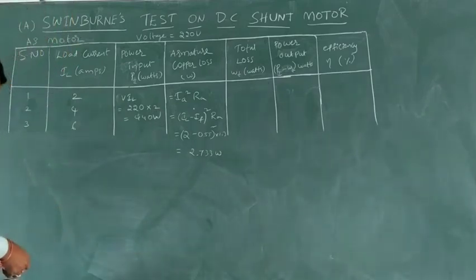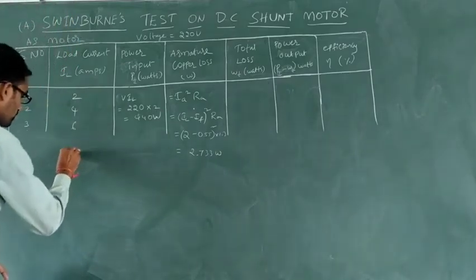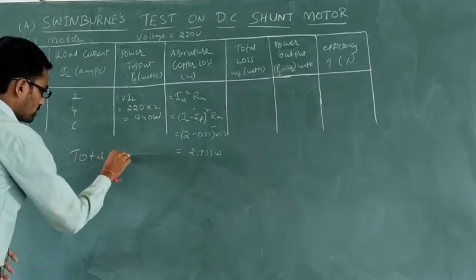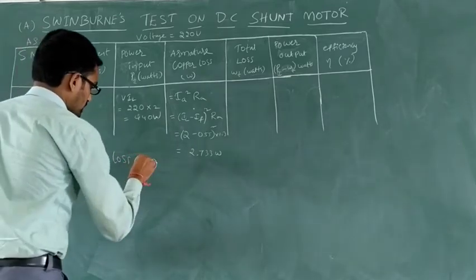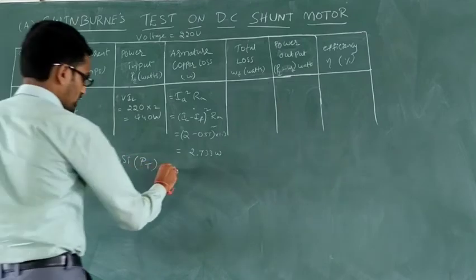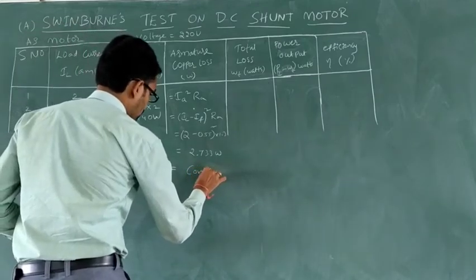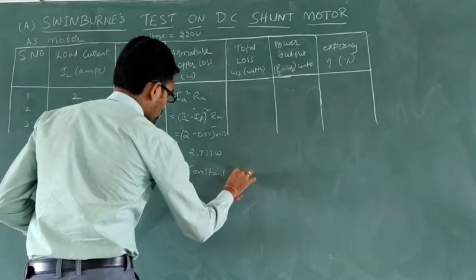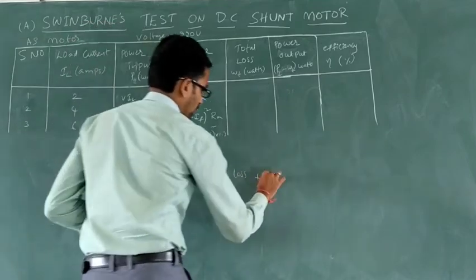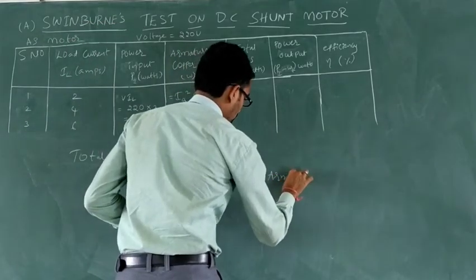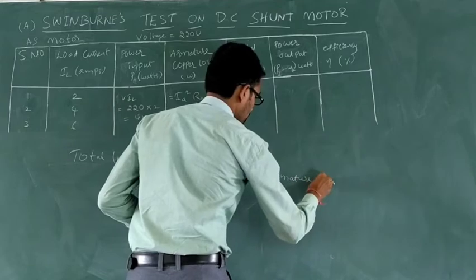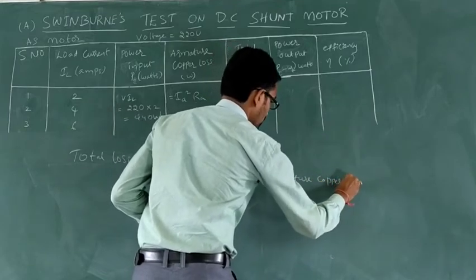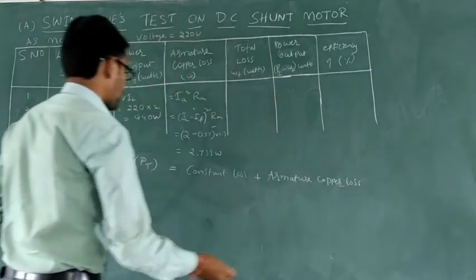So to calculate the total loss, as we know, let us consider WT or PT, you can consider any one of these, constant loss plus variable loss, that is armature copper loss.